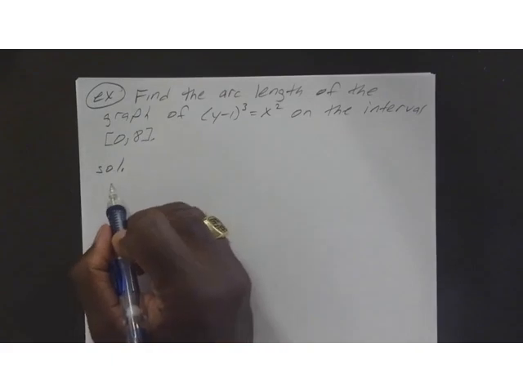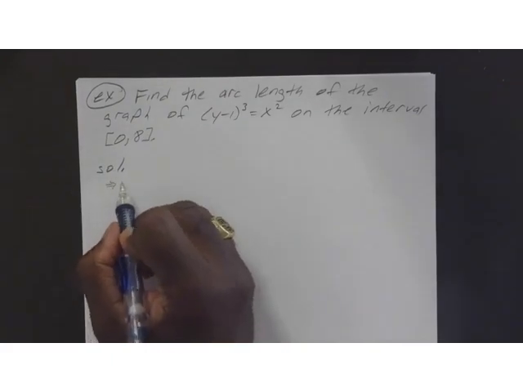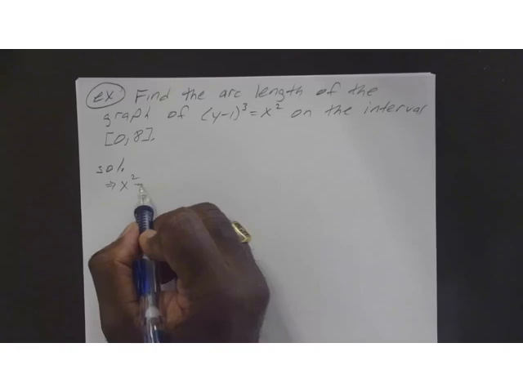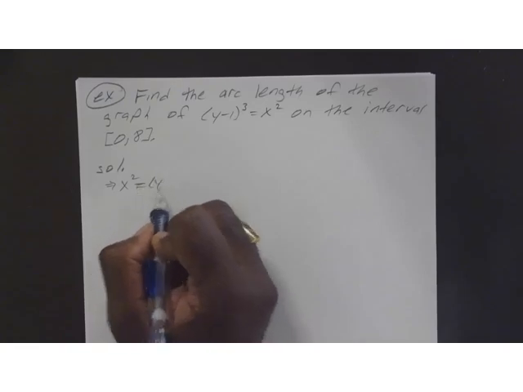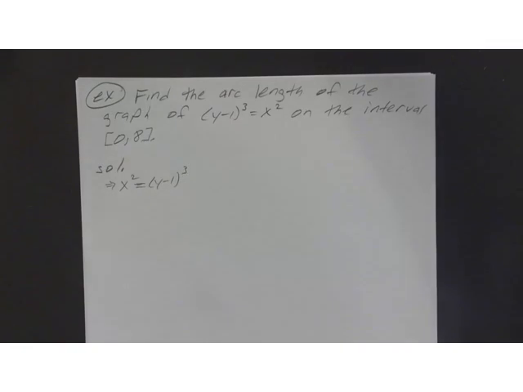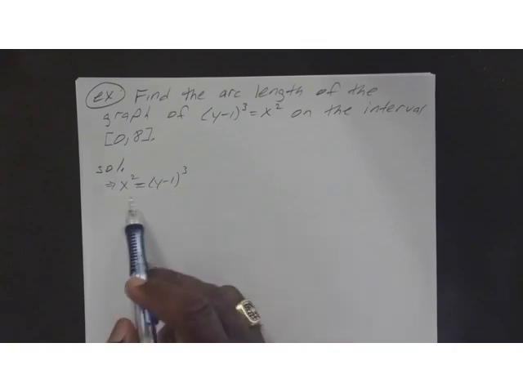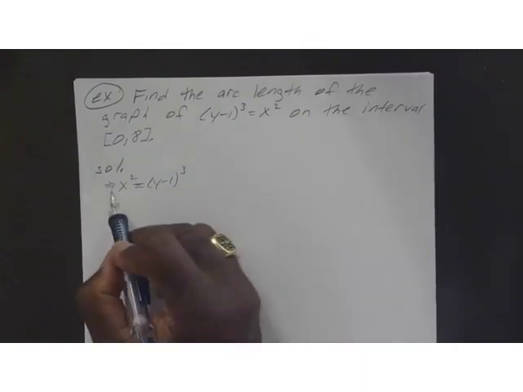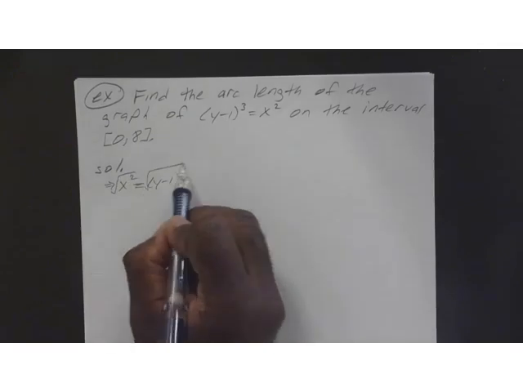Okay, so we have x squared is equal to y minus 1 to the third power. Well, it'll probably be easier to solve for x because we can just take the square root of both sides.